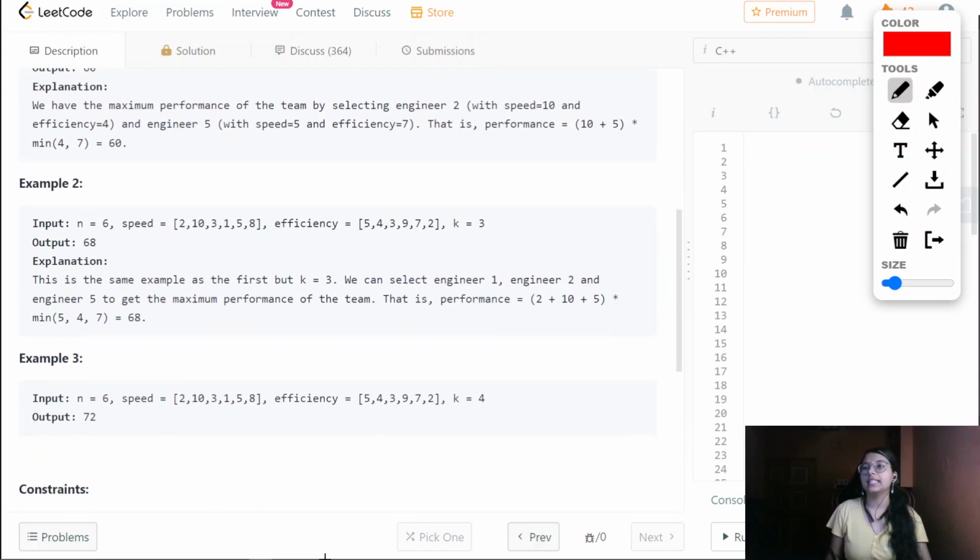So as per the explanation here, speed and the efficiency which is being there. Now here we are required to get the k engineers, right? Efficiency should be minimum.